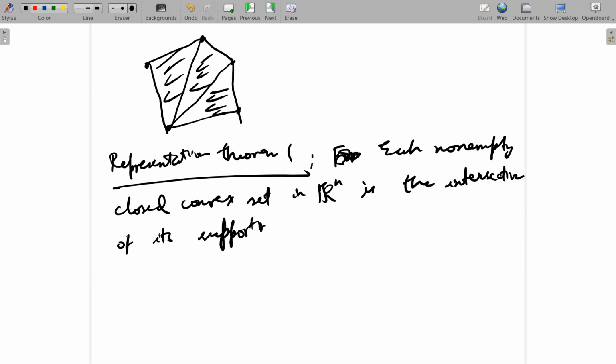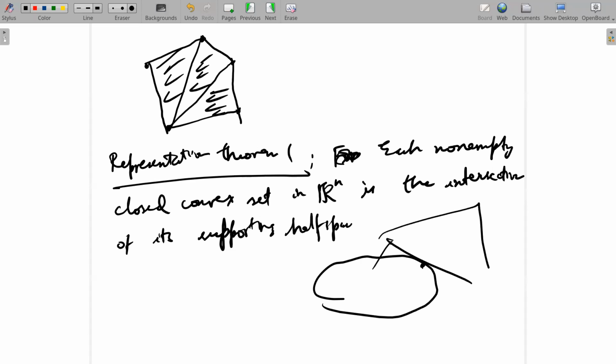We have not defined what a supporting half space is, but intuitively I said what that means. Like you have some convex body, and at this point you have some sort of hyperplane which is tangential. Convex sets will typically have positive curvature. I'll put that in quotes because I've not defined what curvature is, but intuitively you can imagine that. So these are like the supporting spaces. On one side, the convex set completely lies, but on the other side, there is no part of the convex set. But that needs a proof, of course.